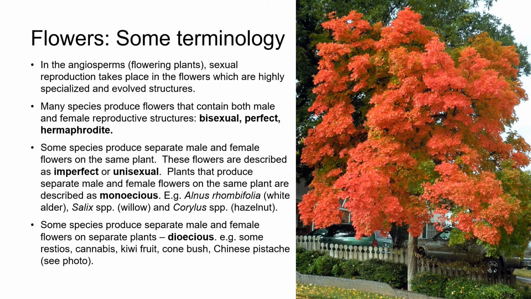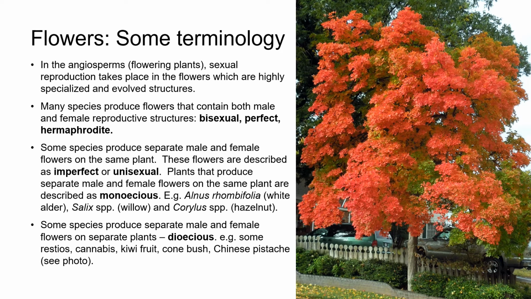Many plant species produce flowers that contain both male and female reproductive structures, and these flowers are referred to as bisexual, perfect, or hermaphrodite. Some species produce separate male and female flowers on the same plant, and these flowers are described as imperfect or unisexual.